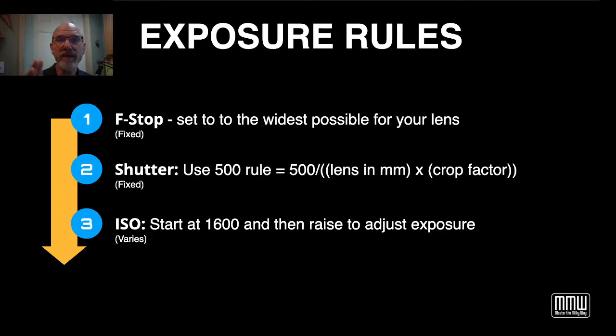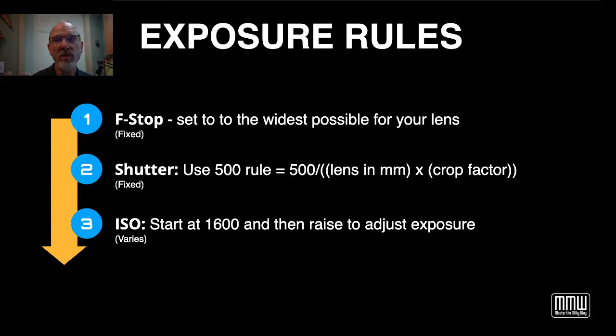Now, the problem is if you go longer than 10 seconds, based on this calculation, the stars will start to move and they'll begin to smear in your scene. Now the crop factor comes in the denominator of the calculation. If you have a crop camera, you need to know what the crop factor is for your camera.